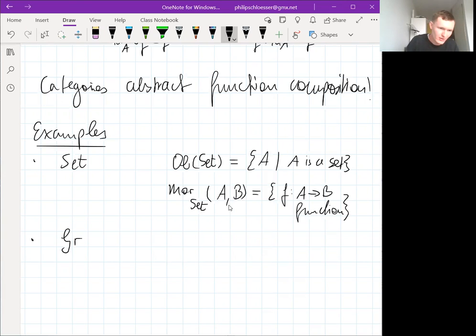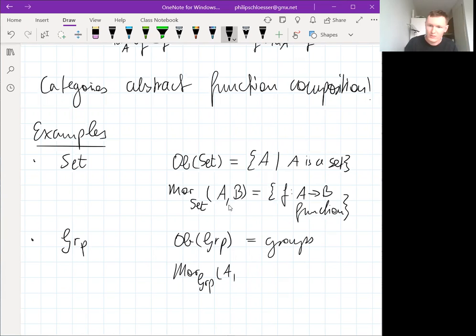So second category, Grp, abbreviation for group. Objects are groups, or let's say the class of all groups, and the morphisms from a group G to a group H are just the group homomorphisms.